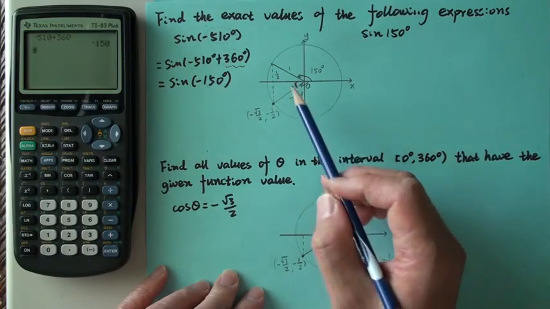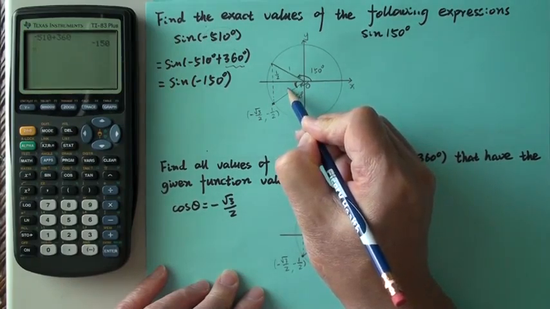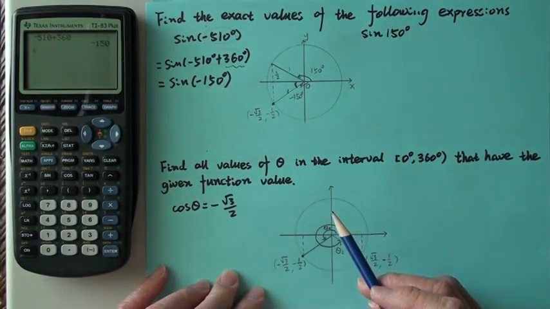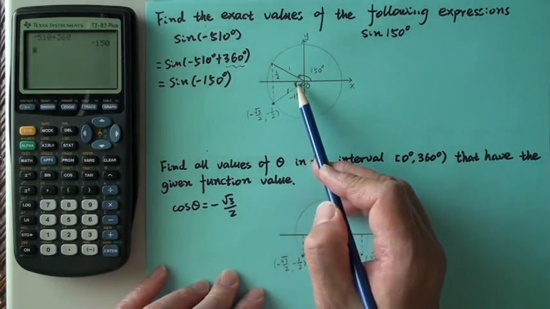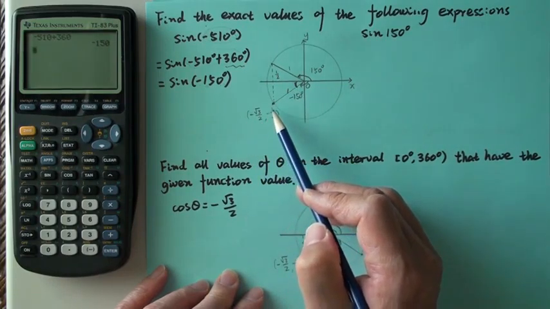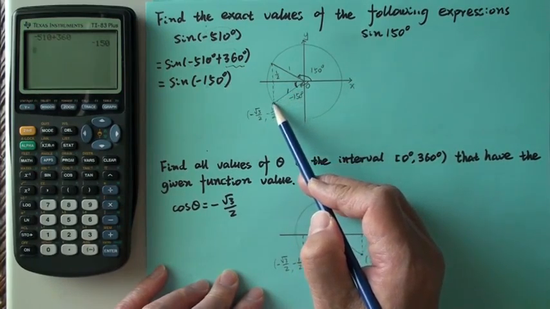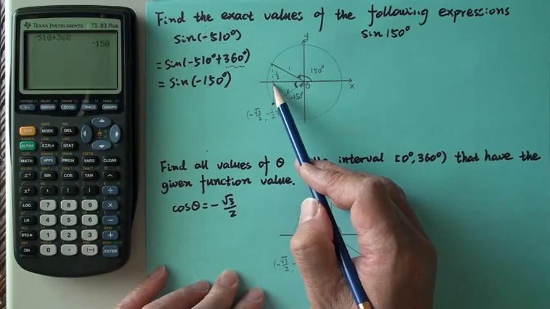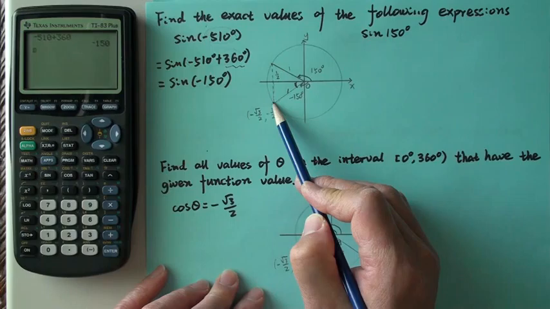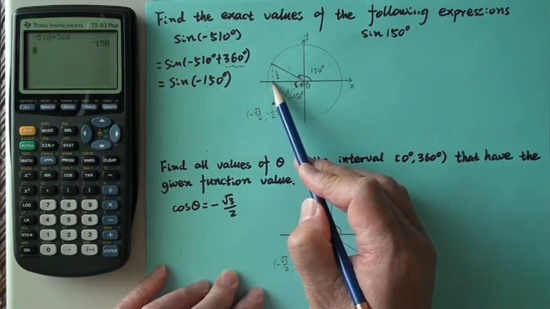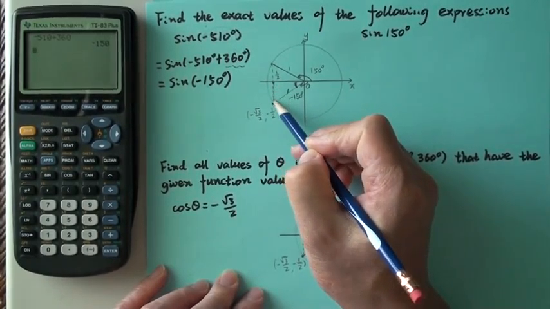On a unit circle, the radius is 1, here the radius is also 1. The radius is always positive 1, and since here is 30 degrees, then this opposite side will be half of the hypotenuse. So this side has to be 1/2. This is y, from here to here, this is the y coordinate.